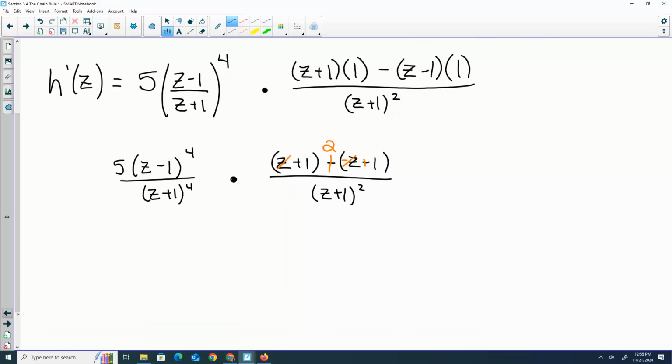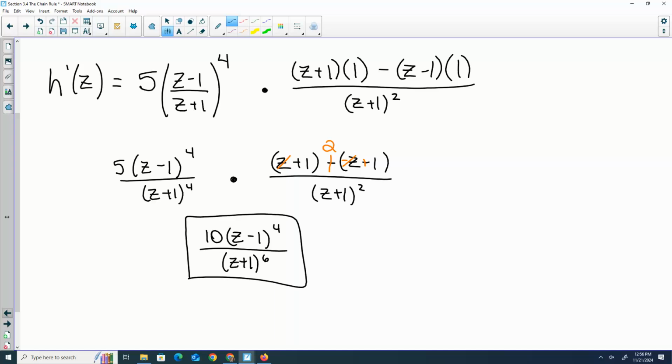Alright, so one more step, let's finish it. On the top, if I multiply 5 times z minus 1 to the 4th times 2, we get 10 z minus 1 to the 4th. On the bottom, z plus 1 to the 4th and z plus 1 squared, z plus 1 to the 6th.